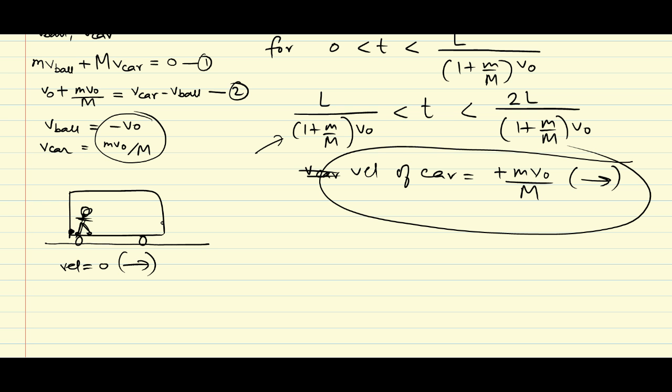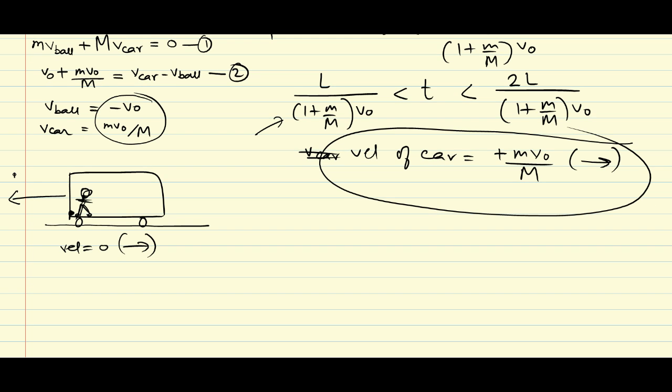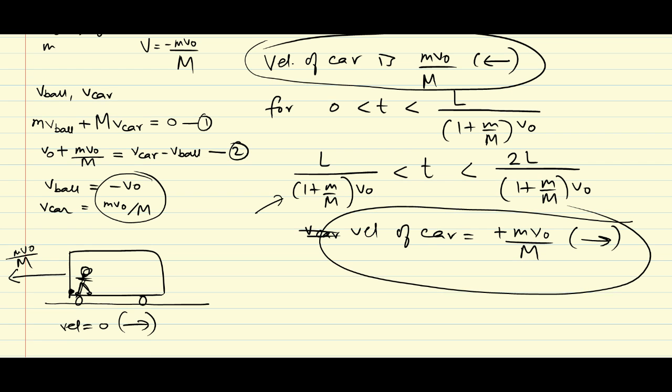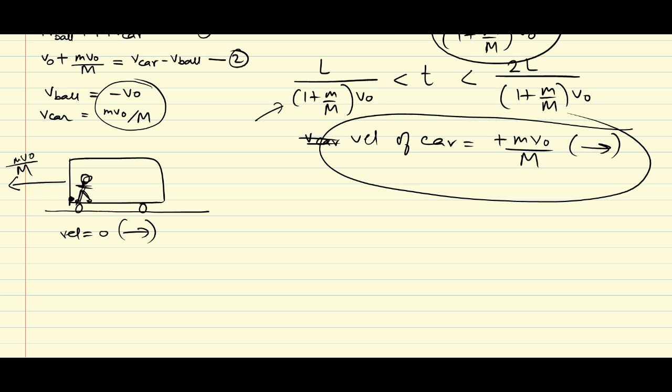So what happens is, the car, to begin with, it travels left at a certain speed. That speed, of course, you know that the speed is m v naught upon capital M. It travels that way, and for a time interval, already the time interval we have calculated, so you can find out how far the car moves towards the left.